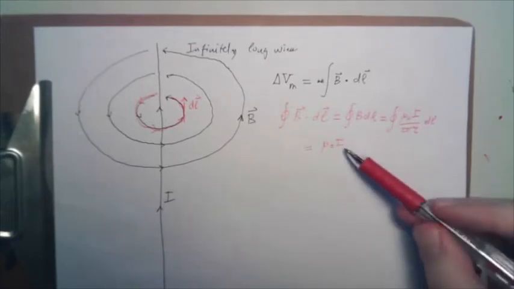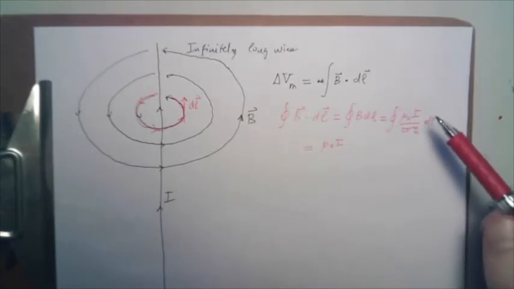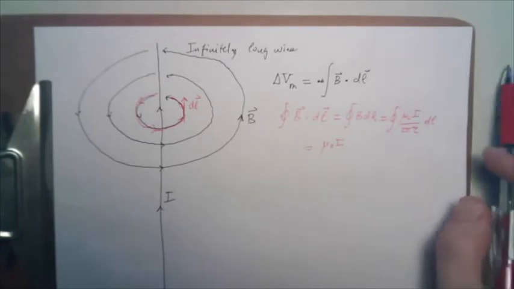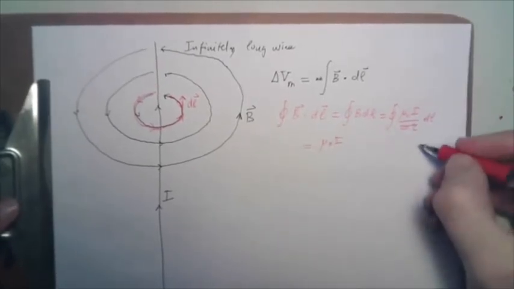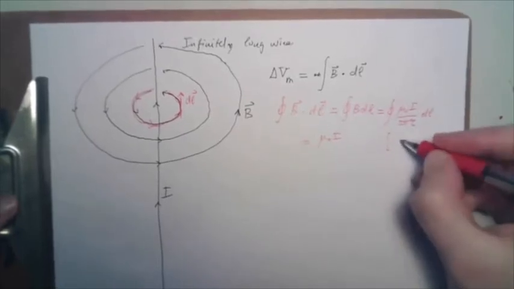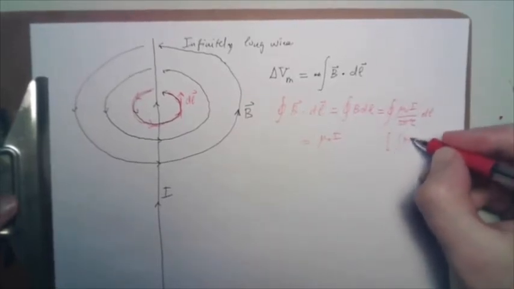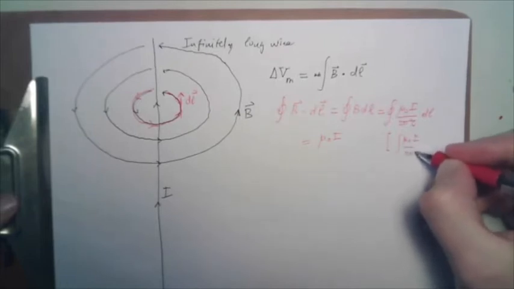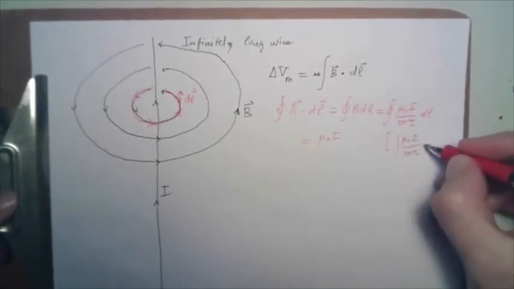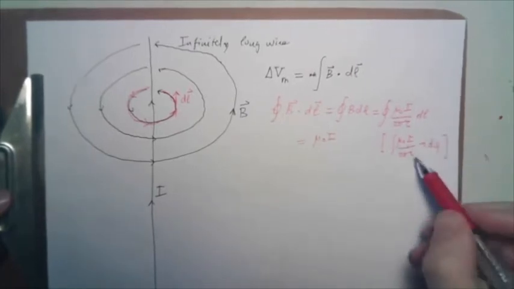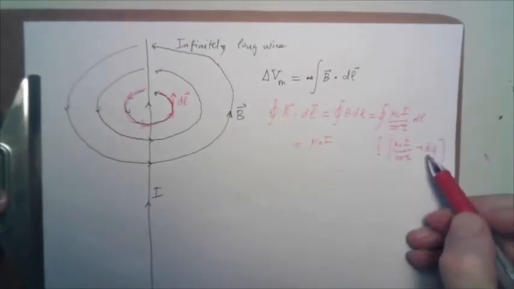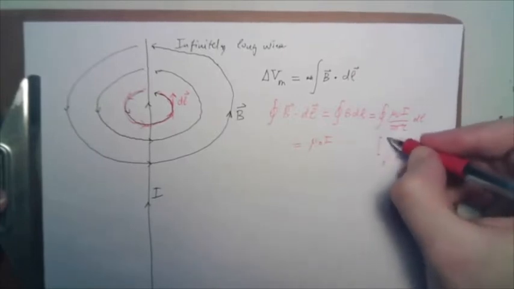So this line integral always gives you mu naught times I. If you want to do an explicit integral, I can write it: mu naught I over 2 pi r, times r d phi, where you integrate with phi going from 0 to 2 pi.